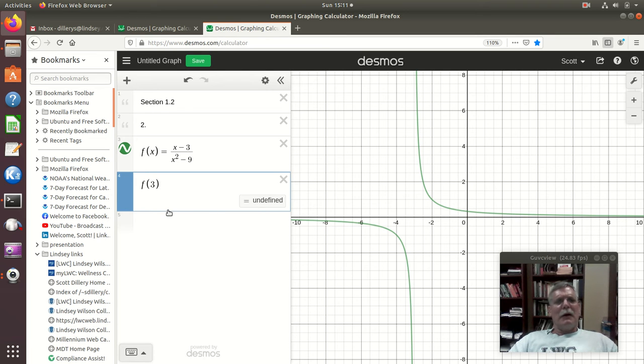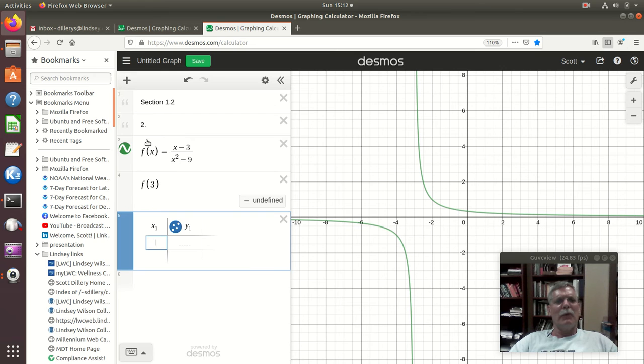What they want us to do for this problem is simply fill out a table. That's also kind of nice because I can go here and say, enter a table. Now I have x1 and y1. We're going to fix the y1. The x1 I would leave as x1.